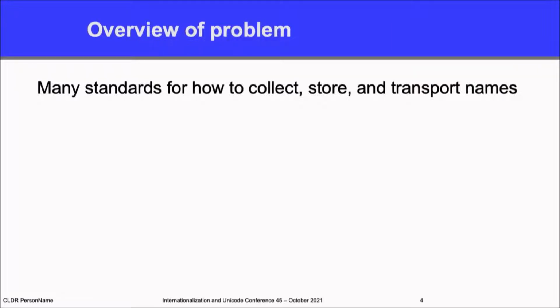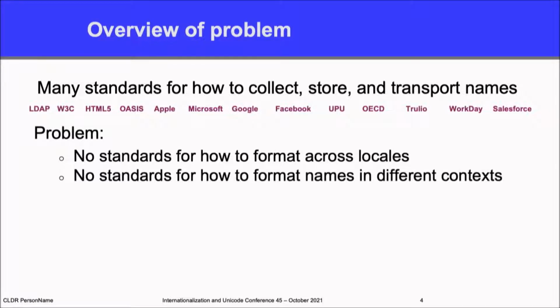So, a quick overview of the problem. Out there are lots and lots of standards for how to pass information about people. There are standards on how that data is represented. W3C and HTML has syntax for how names should be stored. But the problem is there are no standards for how to format those names.